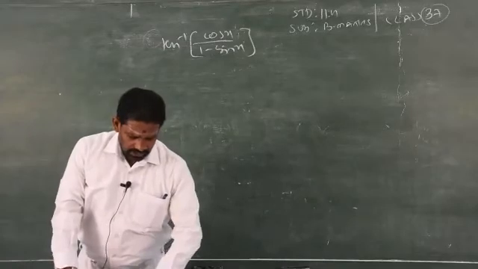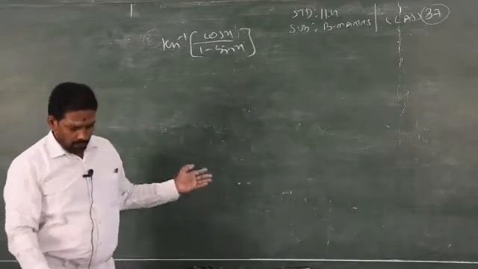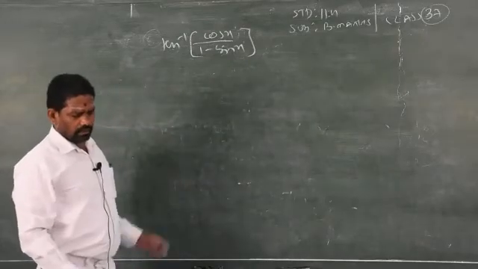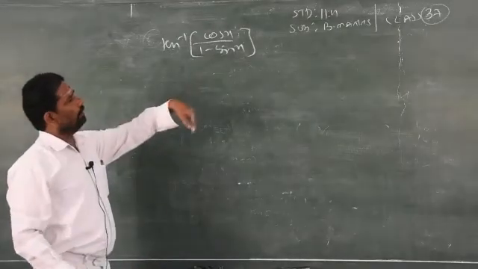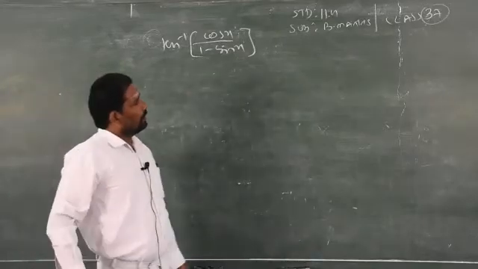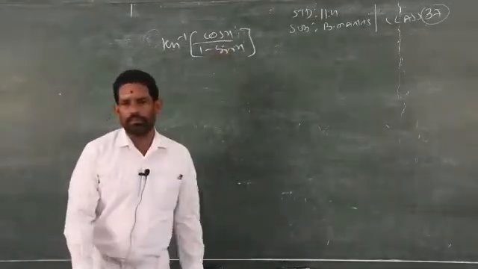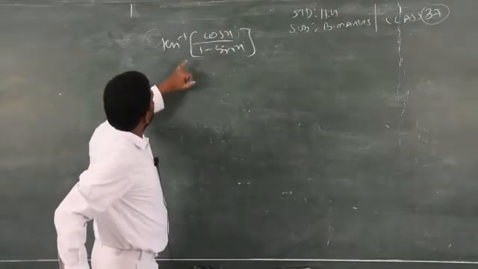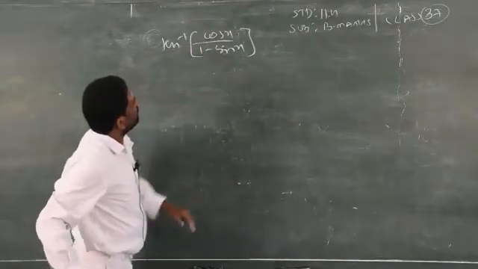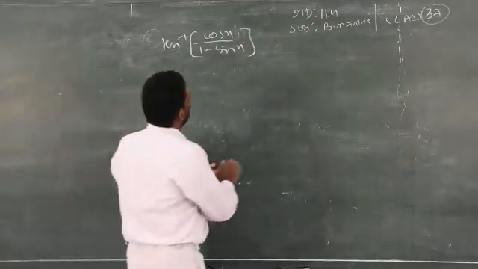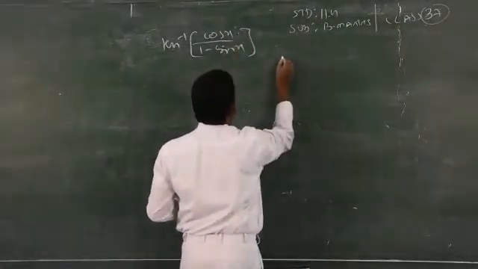Here x lies between minus pi by 2 and 3 pi by 2. Clear? In which quadrant will this come? Third quadrant. In the third quadrant, tan is positive, and the other two are negative. Now your aim is to bring this in tan format. For that you have to remember some formulas. So I am taking this one, cos x.